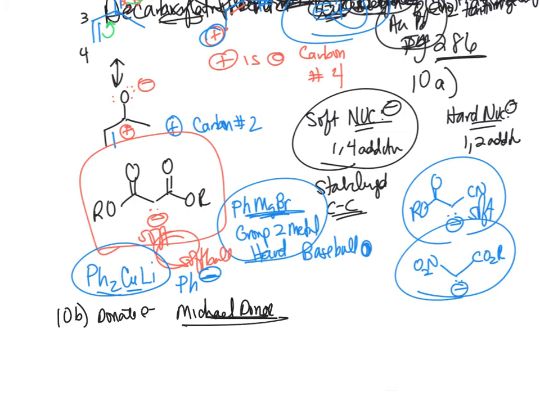The nucleophile is the donor. The electrophile would act as the Michael acceptor. 11. Label the starting materials in the reaction shown below as either a Michael donor or a Michael acceptor.